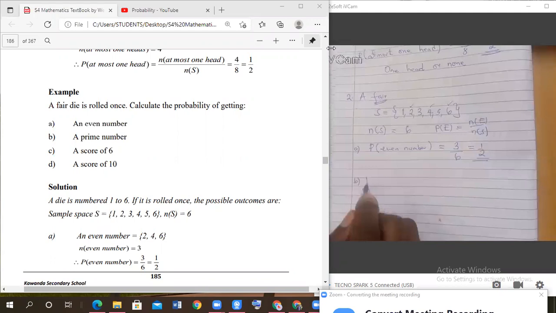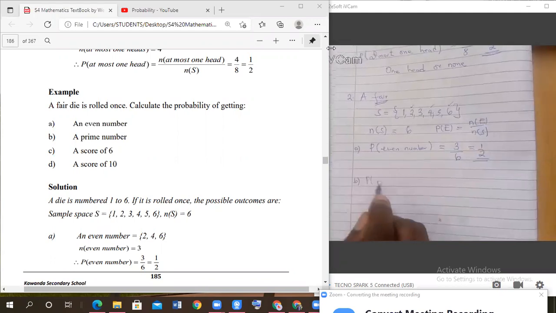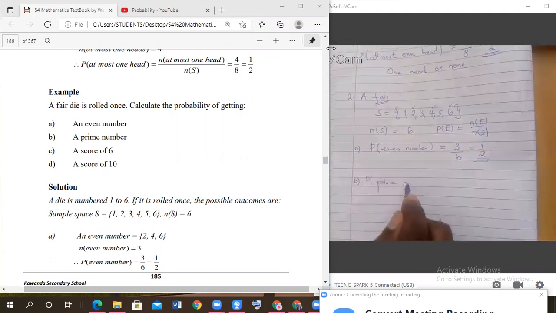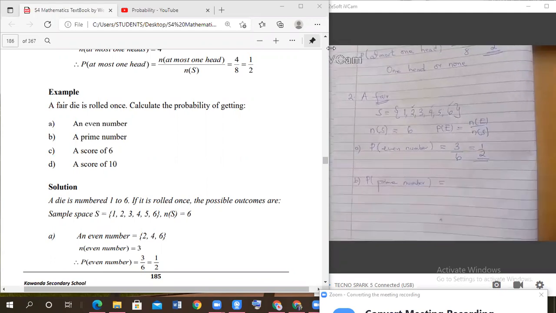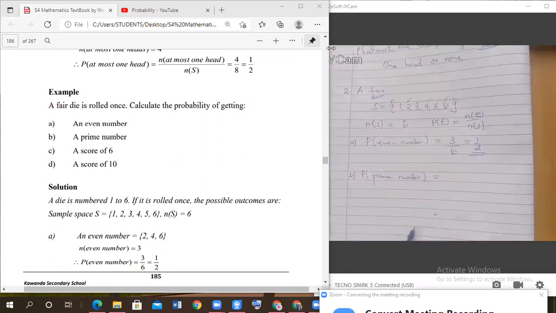What's the probability of getting a prime number? What are prime numbers, members? Alexandra, what are prime numbers?